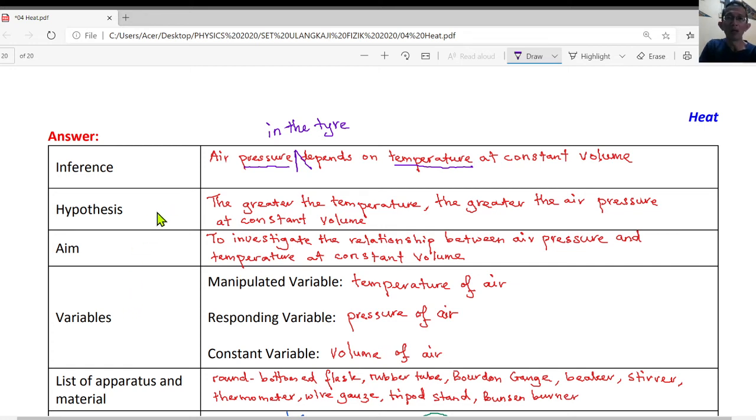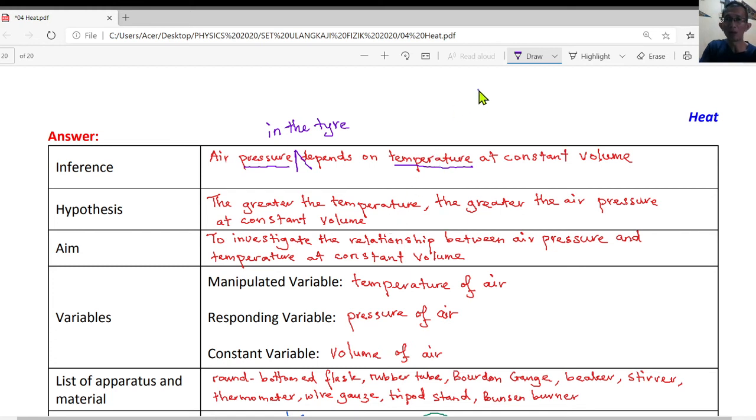We have written down our inference just now, that air pressure depends on the temperature. What is the hypothesis? I can write: the greater the temperature, the greater the air pressure, at constant volume.